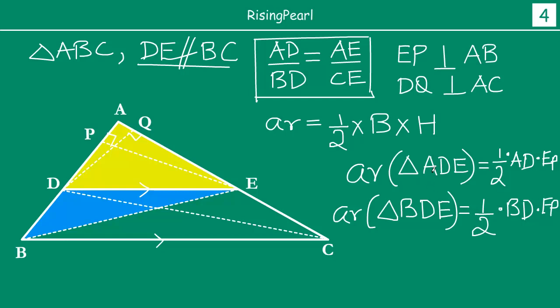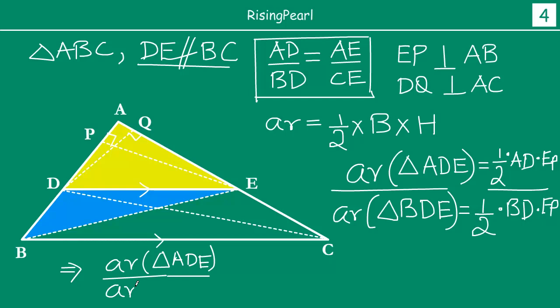So friends, what I have is now at this point, if I take a ratio of these two, so what do we get? We have area of triangle ADE, right, divided by area of triangle BDE.